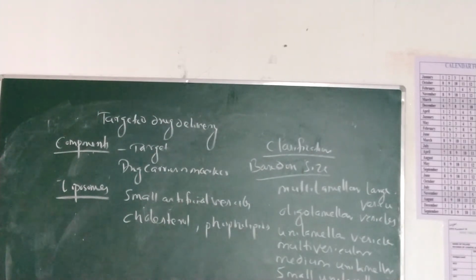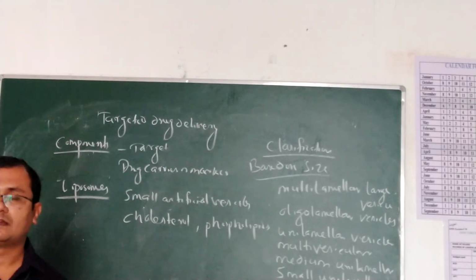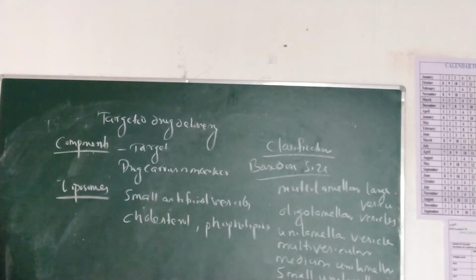Generally, these are bilayer vesicles prepared from phospholipids which are hydrated in aqueous solution. Liposomes differ from each other in lipid composition, surface charge, size, and method of preparation.